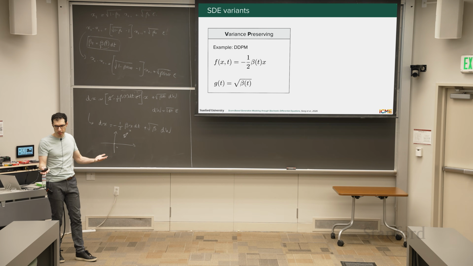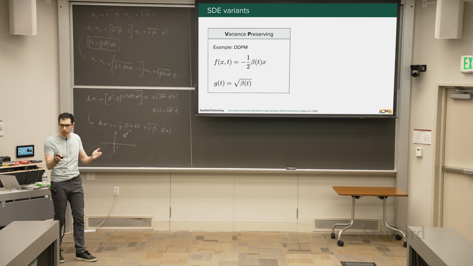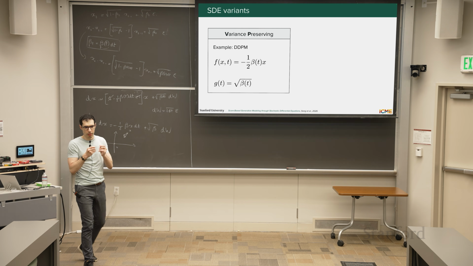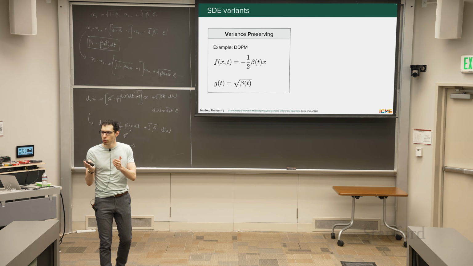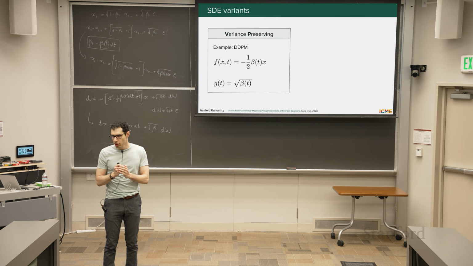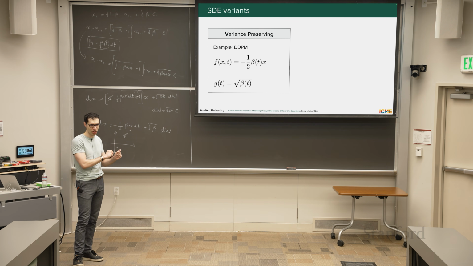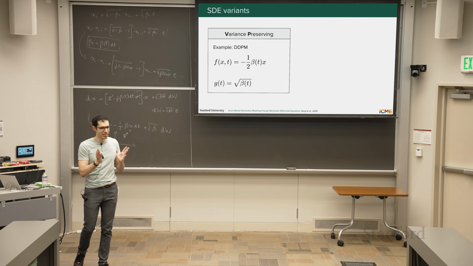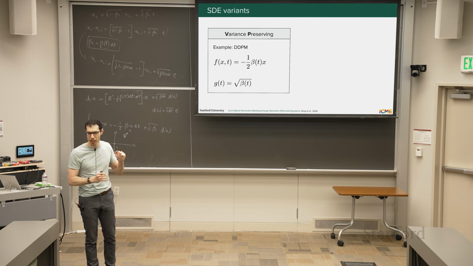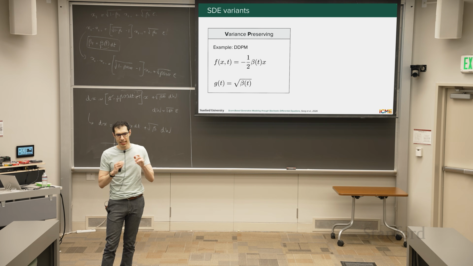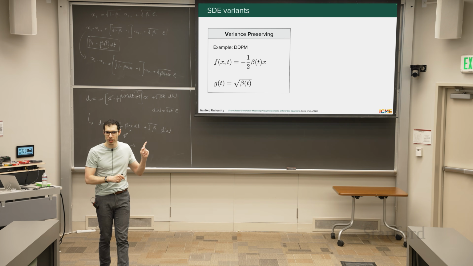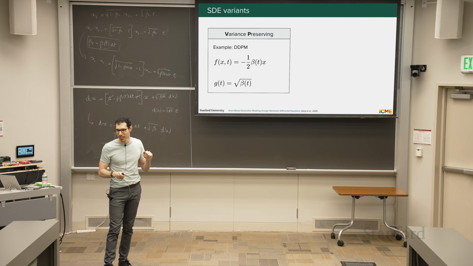There's a number of results that will allow you to solve the reverse process. Because what you want is to be able to denoise images. So here, what we're doing is we're just noising images, but what we care about is how to denoise images, which is the reverse process. And the reason why it is convenient for us to think in the continuous world is for us to be able to leverage these results. And we're going to see these results in a few minutes.